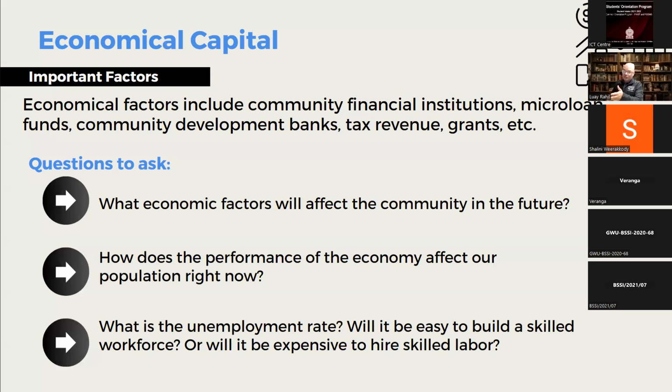The second question you could ask is, how does performance of the economy affect our population right now? Because in a lot of developing countries, they have a lot more kids. A lot more kids, you have more college graduates. A lot more college graduates, you have more employees waiting to work, right?